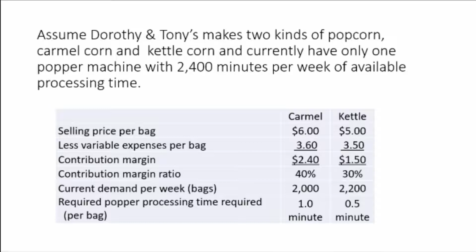Currently, Dorothy and Tony's can sell 2,000 bags of caramel corn a week and 2,200 bags of kettle corn a week. Now, let's assume that the caramel corn, because it's more coated, requires more popper processing time. And let's assume that it requires 1 minute, whereas the kettle corn requires half a minute. I seriously doubt this is true, but it works for our numbers. This is why we're using it.